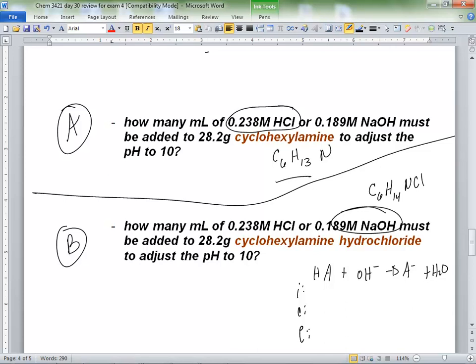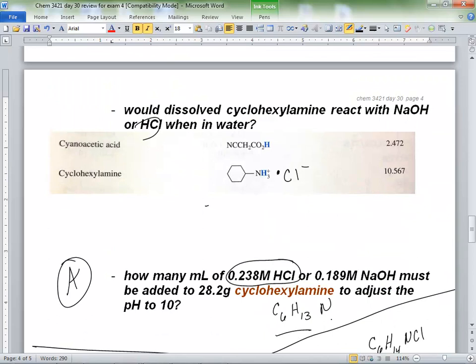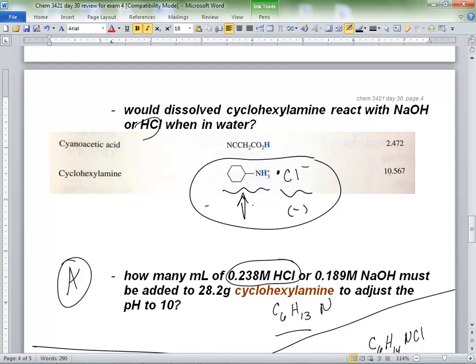So that neutral form right there for the cyclohexylamine hydrochloride, that's actually a salt, right? Yes, it's going to be a salt, because you have a cation and you have an anion. We just know that we want to use the conjugate acid there.